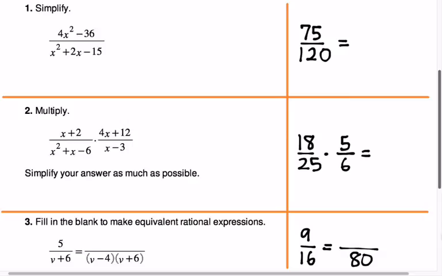If you know how to add two fractions, then you know how to add two rational expressions. If you know how to multiply fractions, you know how to multiply rational expressions. If you know how to simplify a fraction, you know how to simplify a rational expression. It looks more complicated because there are variables, but the processes, the step-by-steps underneath them are all the same.